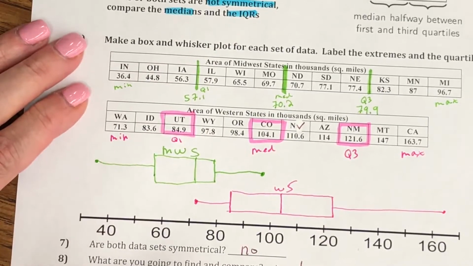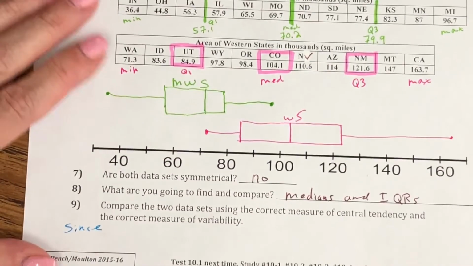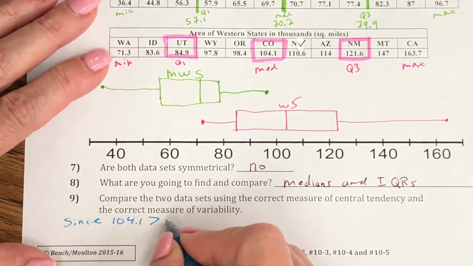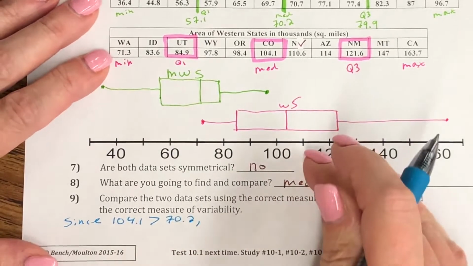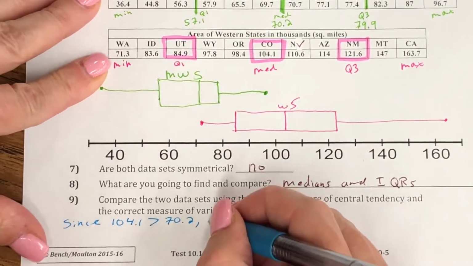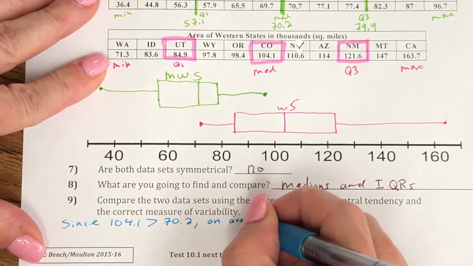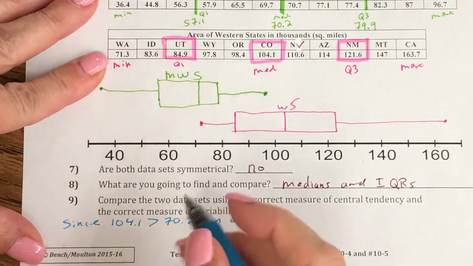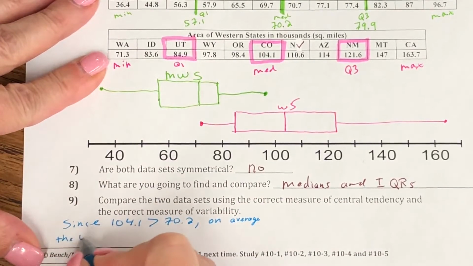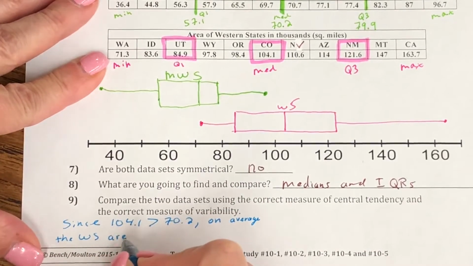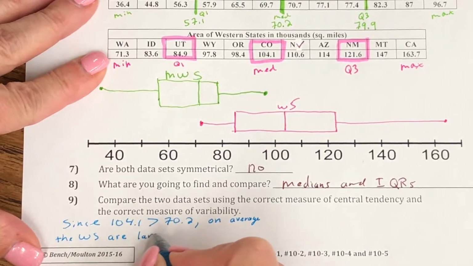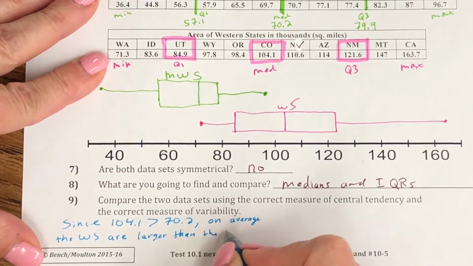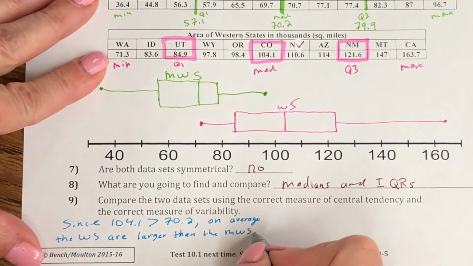Since 104.1 is greater than 70.2, on average, the western states are larger than the Midwestern states.